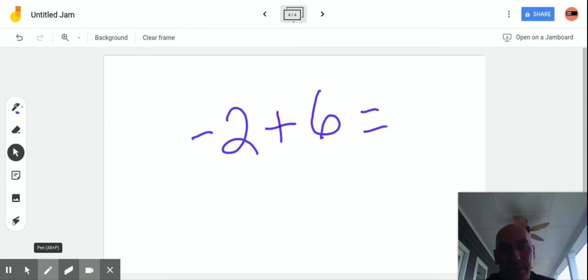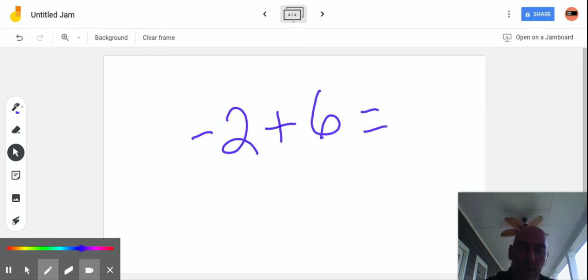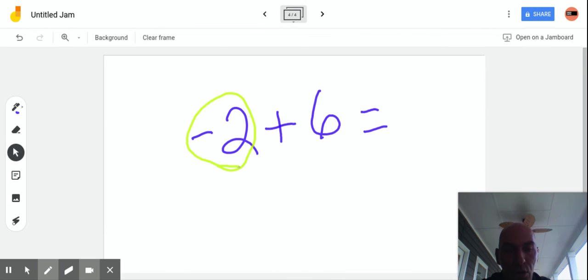So let's look at these. Basically, you're combining two integers. All right, so let's look at this for a second. We have a negative 2, and we have a positive 6.